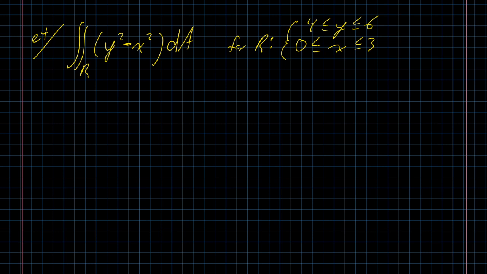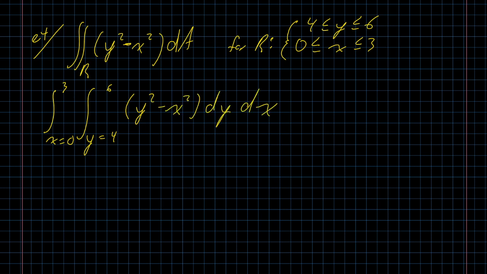So as we rewrite this as an iterated integral, x goes from 0 to 3, y goes from 4 to 6, we really do have to think about the whole thing when we do the first integral. There's no way of getting rid of the x from the integrand in order to separate this.